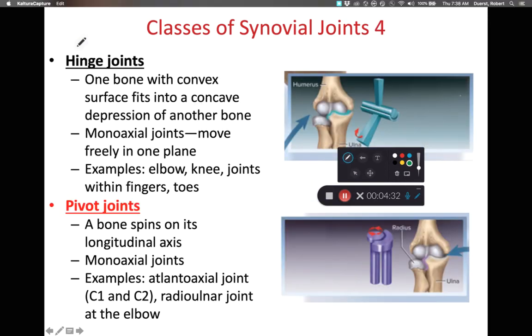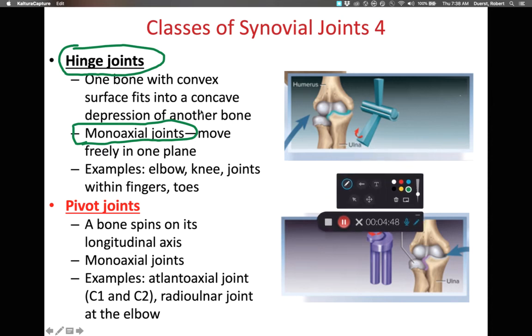We also have hinge joints, and this is another one of my favorites. I like hinge joints just because they're monoaxial joints, and these monoaxial joints were one of the easiest ones for me to comprehend when I was a student. So these hinge joints are going to have a convex surface paired with a concave surface, and they typically have a large range of motion along that one axis.